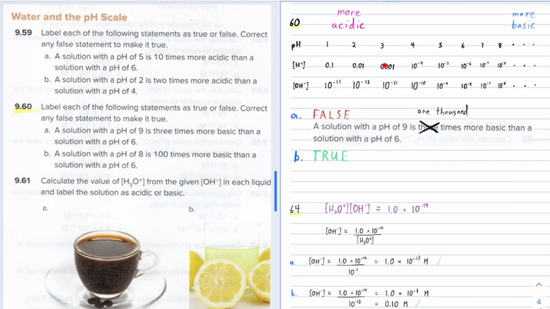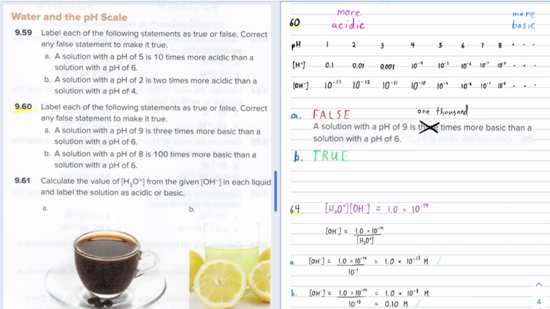pH 3, it's 0.001. pH 4, 0.0001, or we can just write 10 to the minus 4 to make it a little simpler. Likewise, that would be 10 to the minus 3, that would be 10 to the minus 2, and 10 to the minus 1. So pH 5 is 10 to the minus 5 molarity protons.